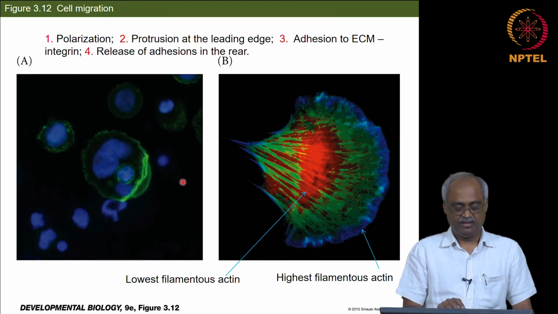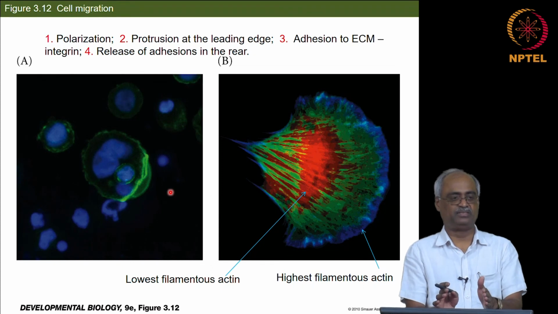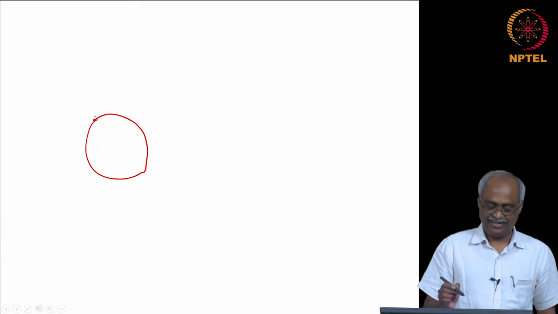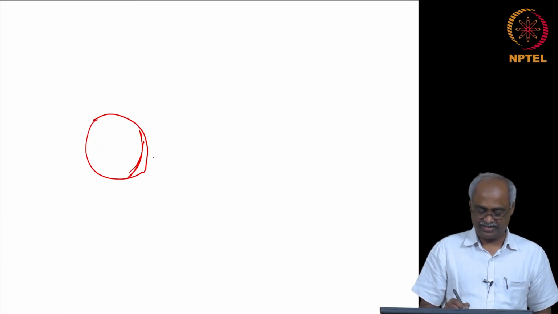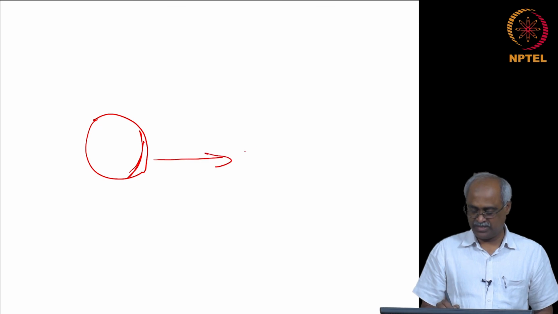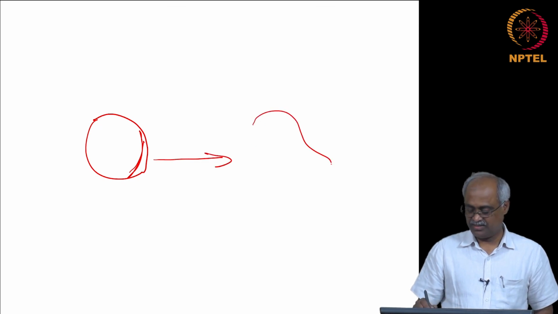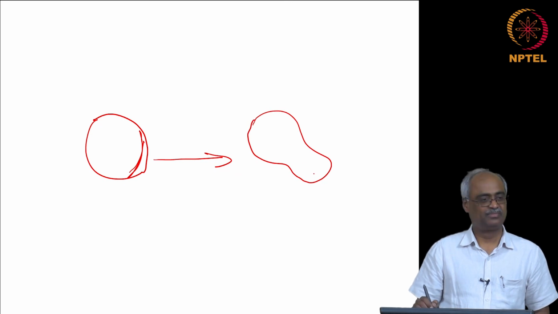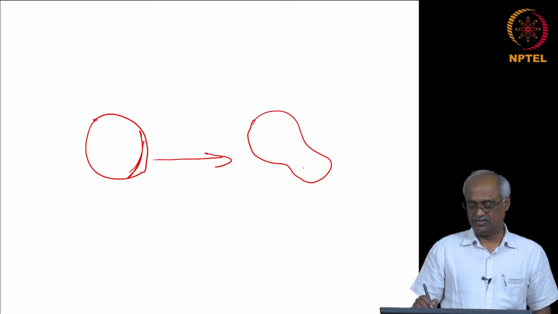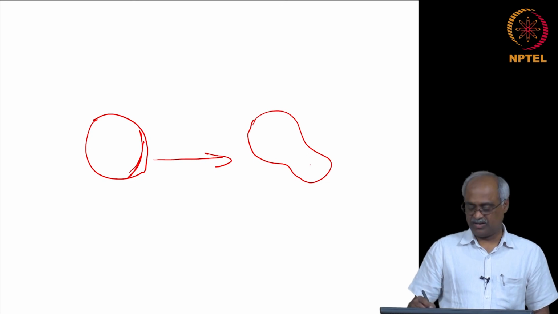And then this eventually pushes the plasma membrane such that it takes a shape. When you have actin forming here, this pushes the plasma membrane such that you form that sort of a protrusion. This is because of the way you are organizing the actin microfilaments here.